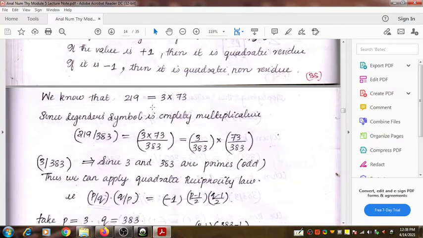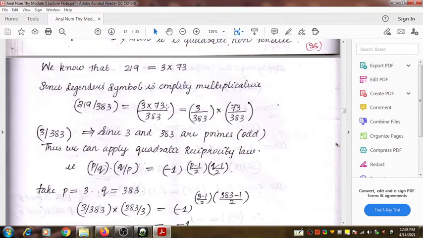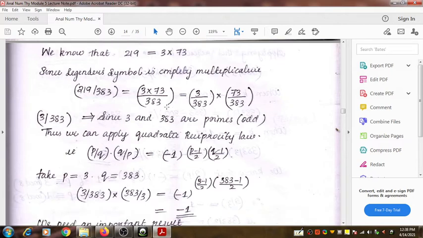But we know that 219 is not a prime number. 219 is equal to 3 into 73.